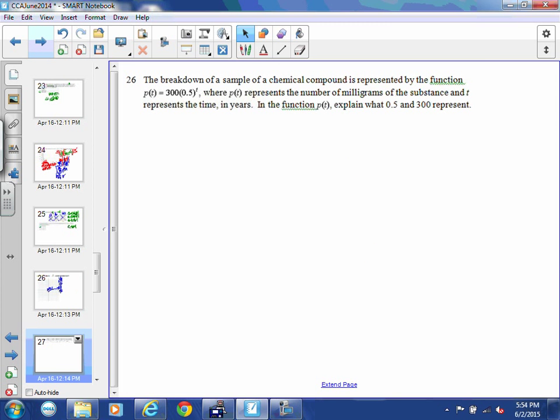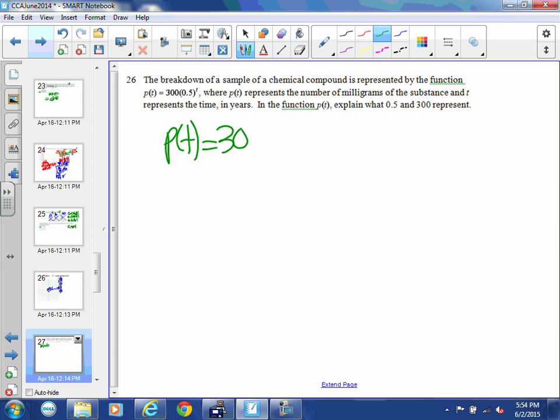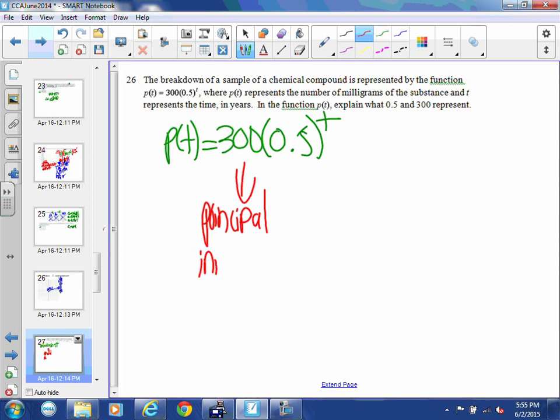For these exponential graphs, we call these our AP1RT. What you need to know, what's in front of the parentheses is your principal or initial value. What's inside is 1 plus the rate or 1 minus the rate.